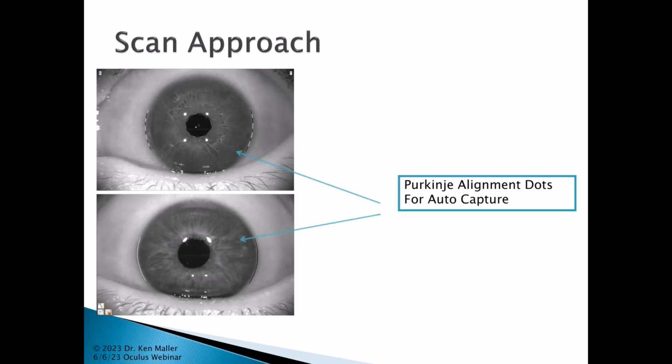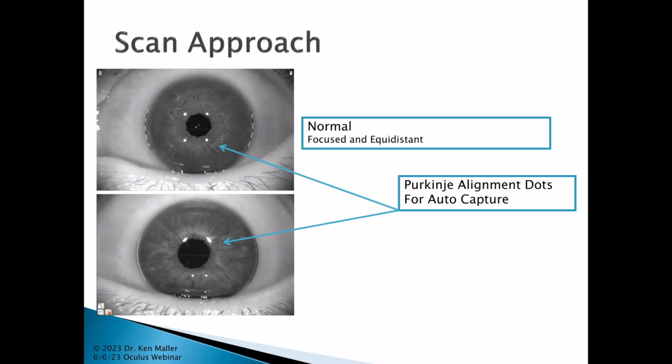Looking at the normal versus the RK eye, with the normal one on top and the RK eye at the bottom, you'll notice that in the iris image there are the Purkinje alignment dots for the auto capture. This is in fact how the Pentacam knows that it's aligned along the visual axis. It takes a look at those Purkinje images, and we can see on the normal upper picture that those four reflected dots are focused very sharply and they're equidistant from each other.